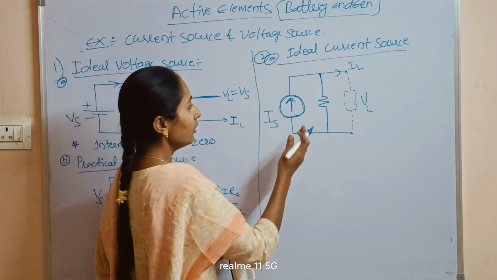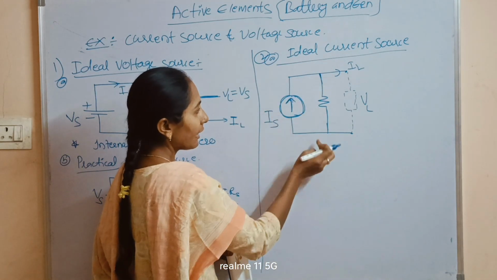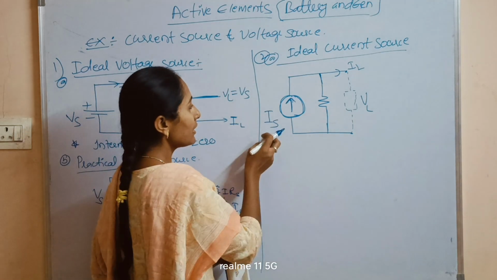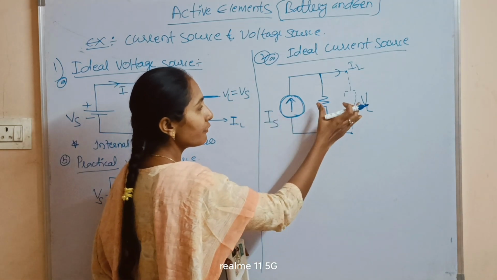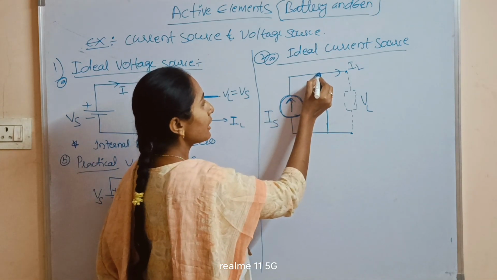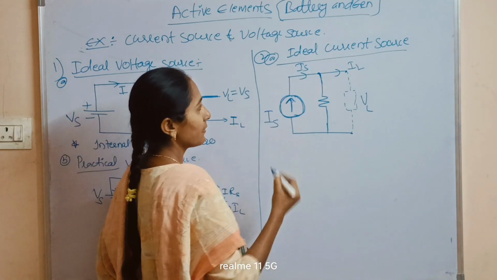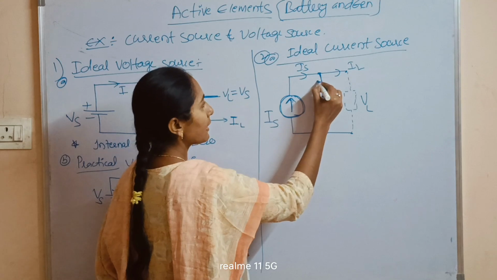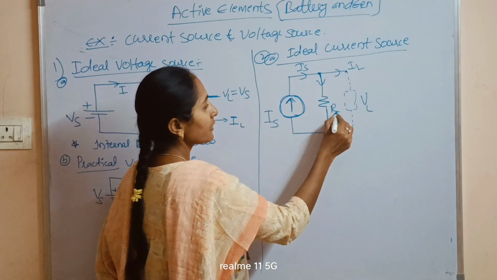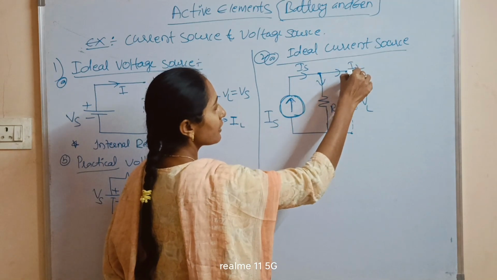This current source has a parallel resistor, and the load is also parallel. So this current is the total current for these two branches, the same current IS up to here, and it splits into two parts.